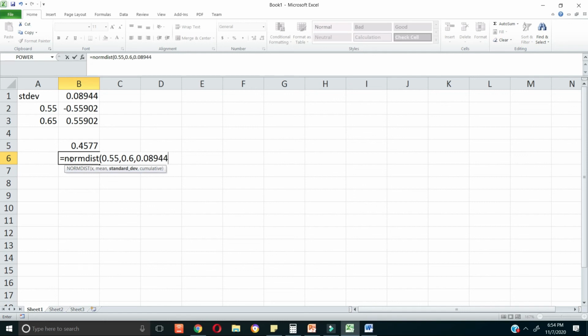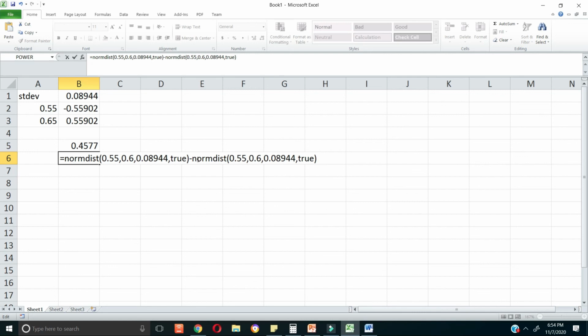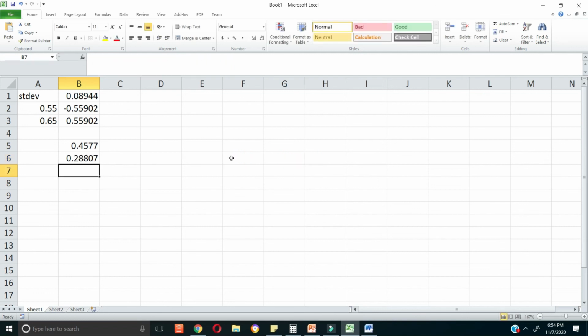Then it is cumulative, right? Then I want to subtract pretty much the same thing, but this time it's going to be minus. Wait a minute, what did I just do?